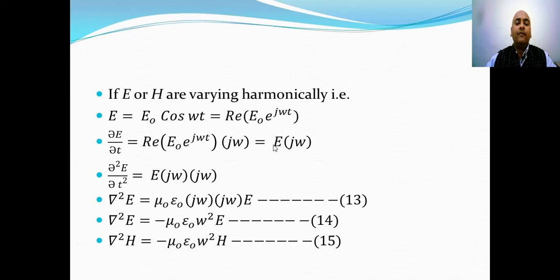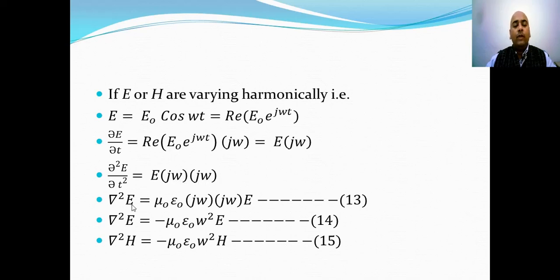Because E can be written as the real part of E naught e raised to power j omega t, and when we take its differentiation, it will be multiplied by another j omega. So we can write ∂²E/∂t² as equal to E into j omega into j omega.